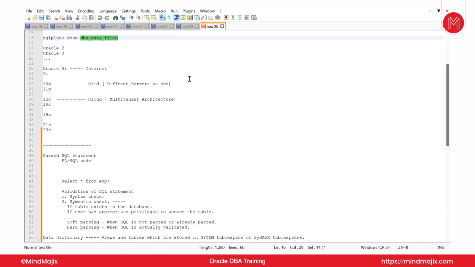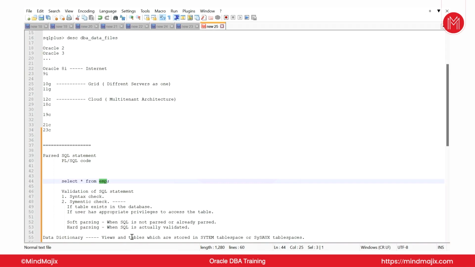So when this SQL statement was parsed, where did the database get the information whether this table exists in the database or not? These views are accessed. It gets the information from the dictionary whether this table exists or not.